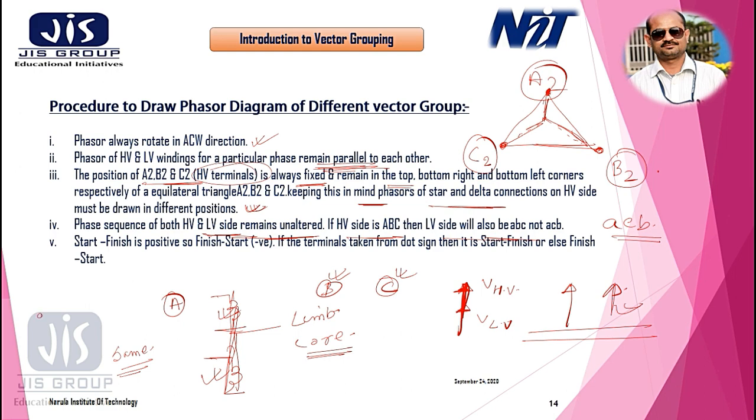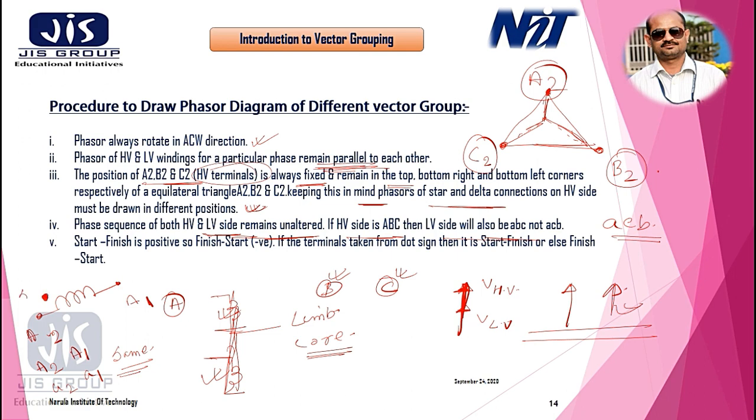Now, just a few minutes back we discussed dot convention. Suppose this is A2 and this is A1, and suppose this is my dot convention. That means A2 is positive, and A2 is positive with respect to A1 on the secondary side as well.